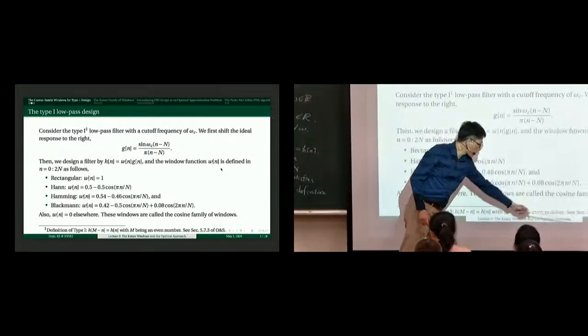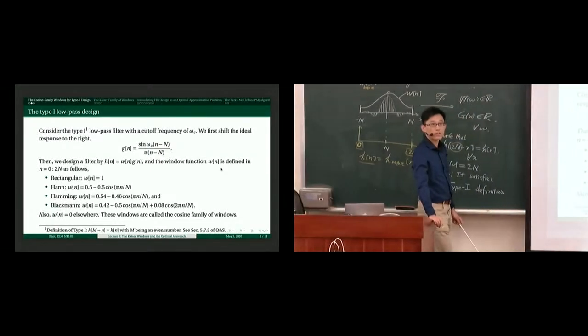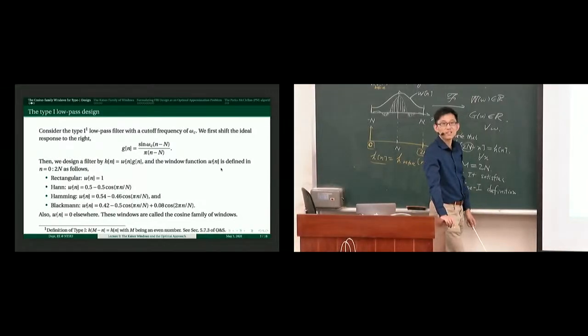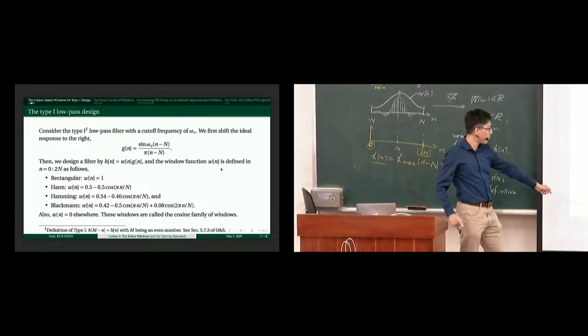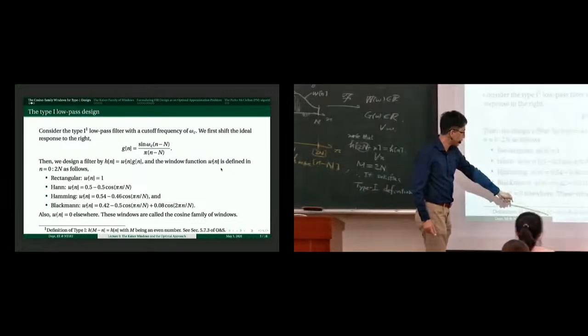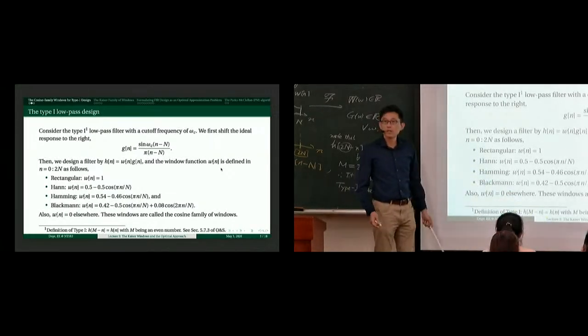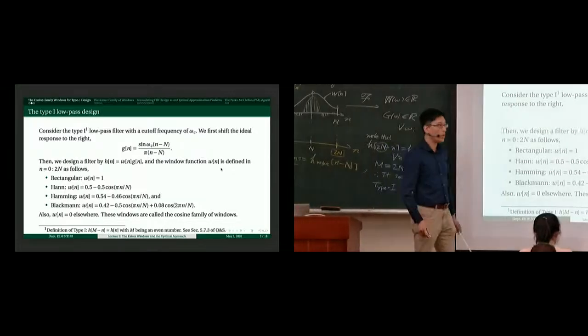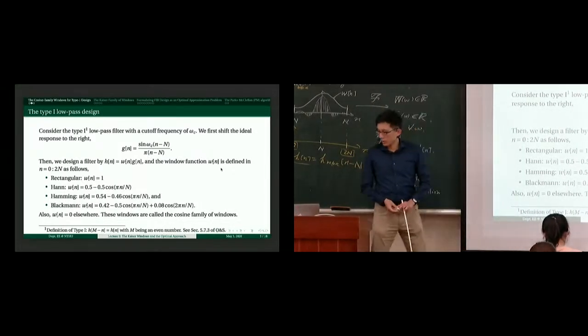The textbook has a more thorough discussion of type 1 versus type 2, and type 3 and type 4: 4 different types, each having a different symmetry. But type 1 is when M equals an even integer and we have this even symmetry, then the result is called a type 1 system or type 1 filter.